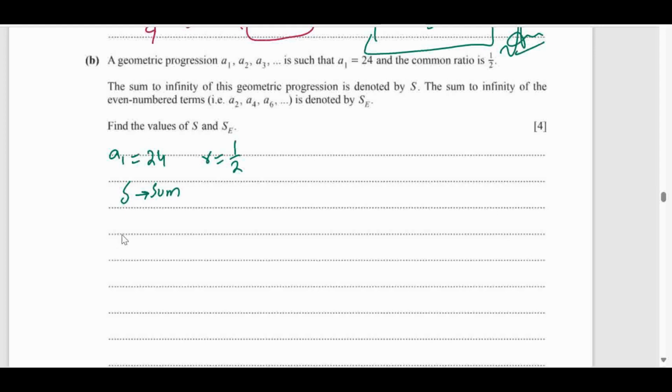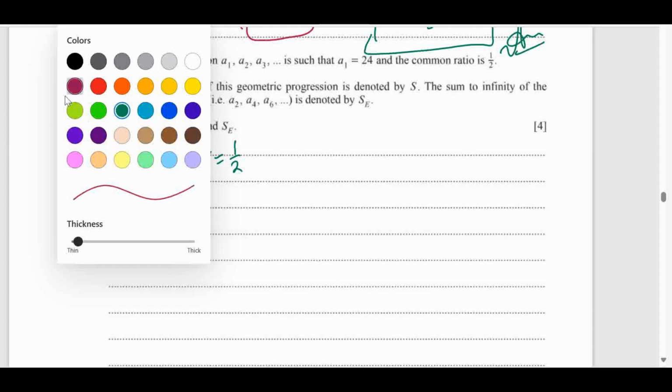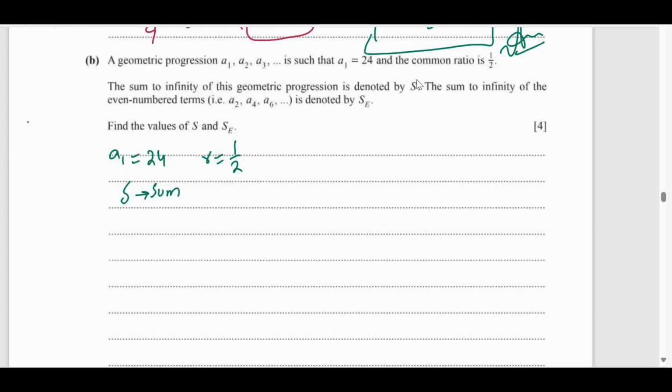Now, first of all, try to understand the question: the sum of all the terms is equal to S, and the sum to infinity of the even-numbered terms is denoted by SE.